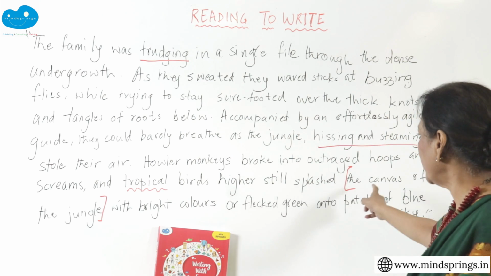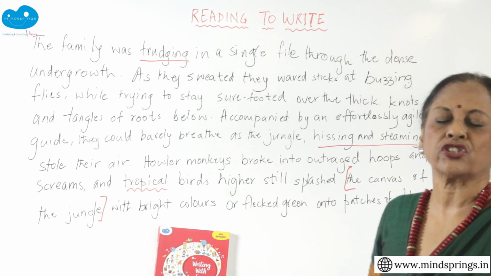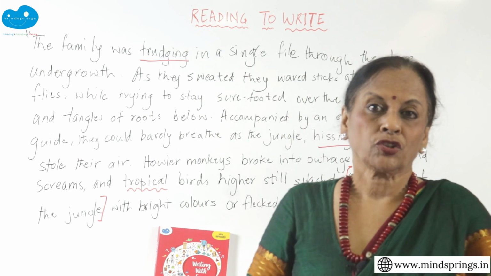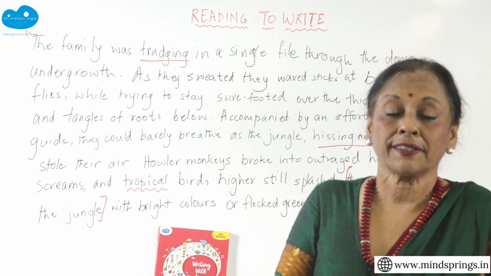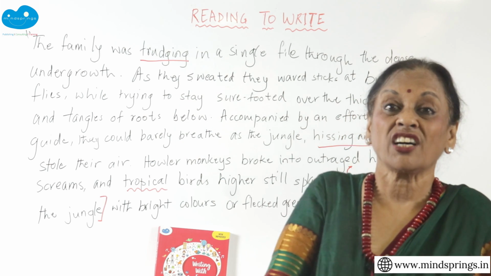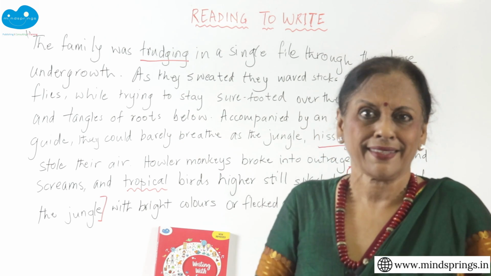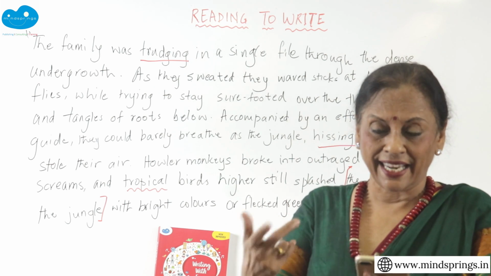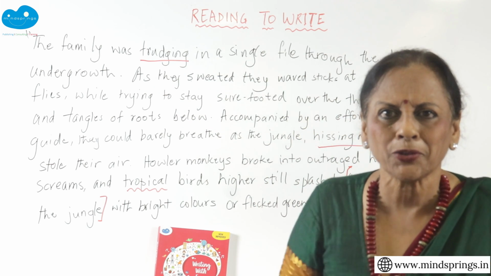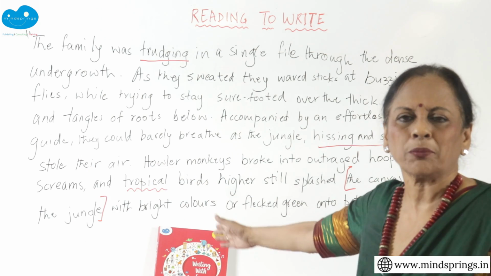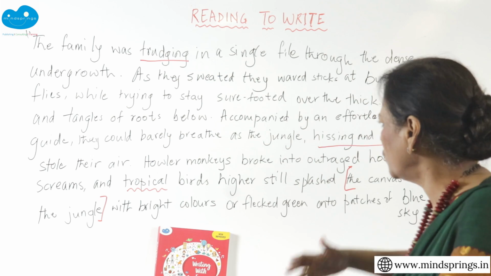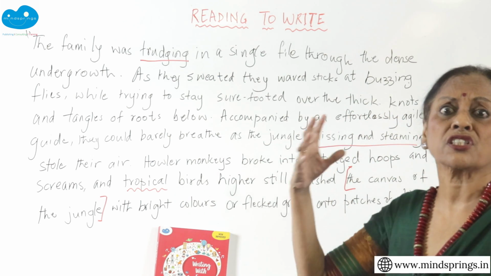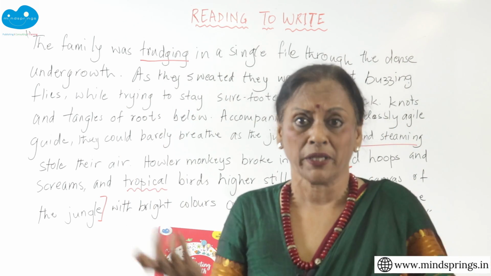And the metaphor is going to be here, the canvas of the jungle. So the jungle, therefore, how would you make it into a simile? You ask and somebody will tell you, Miss, the jungle is like a canvas. Absolutely. It is like a canvas, and what is painted on that canvas? And you would come to the birds and you would come to the howler monkey and all of these. Howler monkey, you've got whoops and screams, which is the sound, the onomatopoeia coming in there.